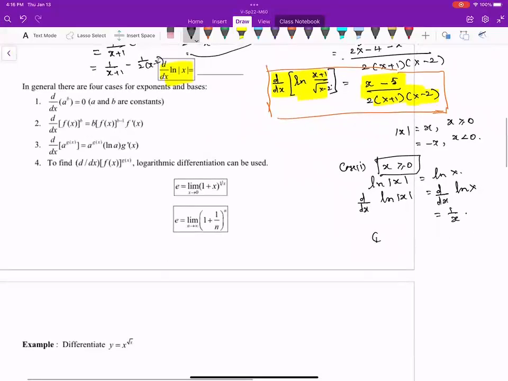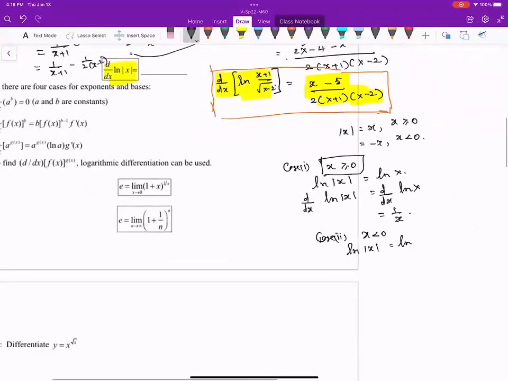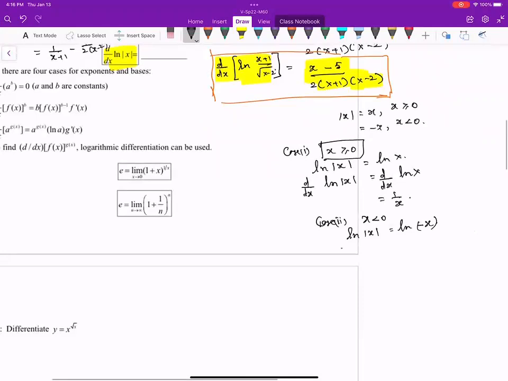Then if we assume case 2, x is less than 0, then absolute x equals negative x, right? So it will be ln of negative x here. So if you do the derivative of ln of absolute x, that is d by dx of ln of negative x.